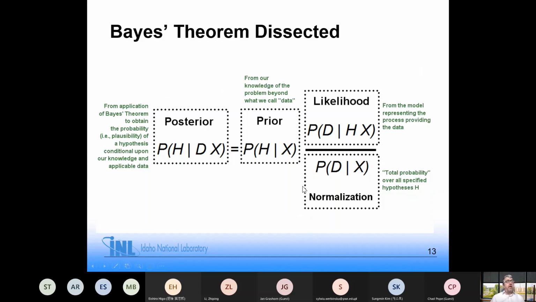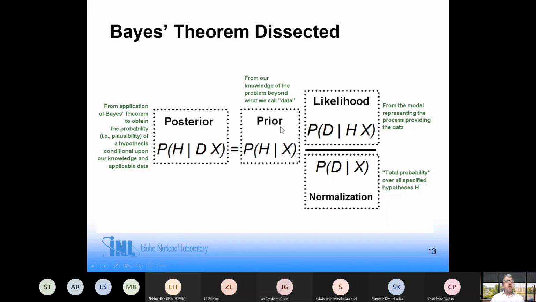So in addition to the prior then, we have these other two parts. We have what's called a likelihood. Also, it's the probabilistic model, also called the aleatory model. So there'll be a couple of names that this box goes by, but likelihood is typically what you would see in a textbook. And then there's a normalization constant that we'll talk a little bit more about. But really, these three pieces here are the key.